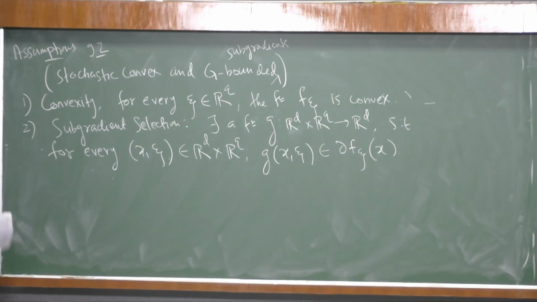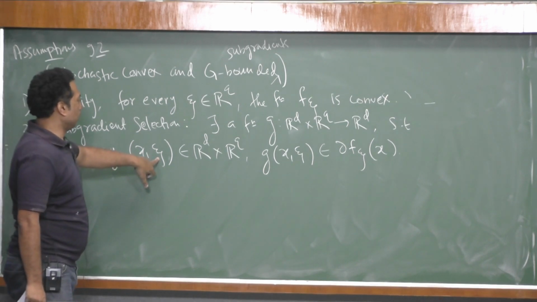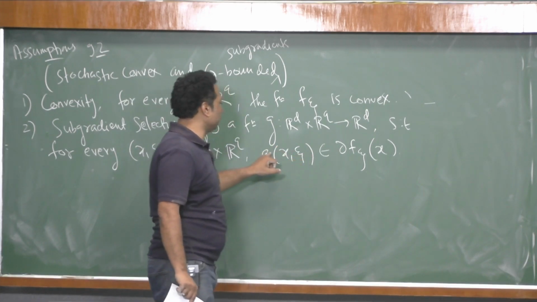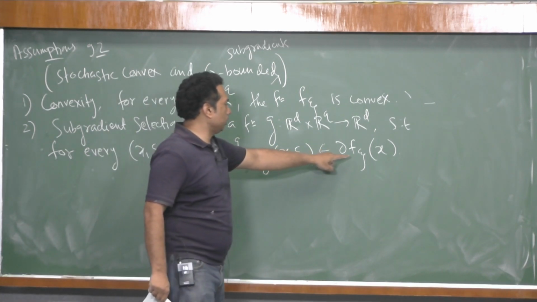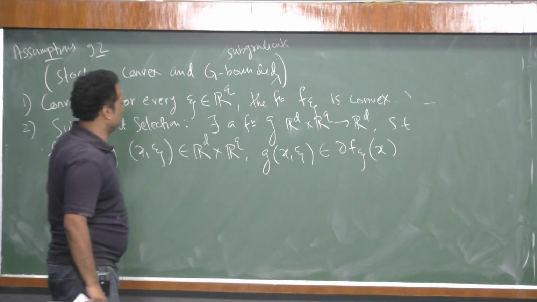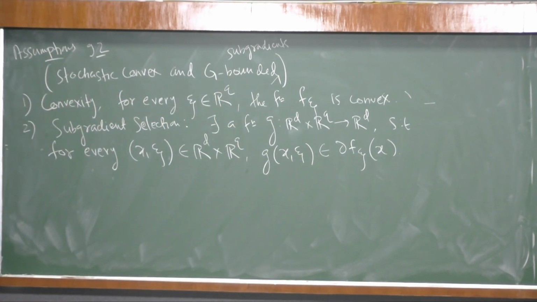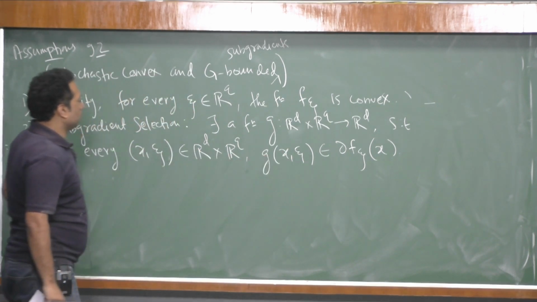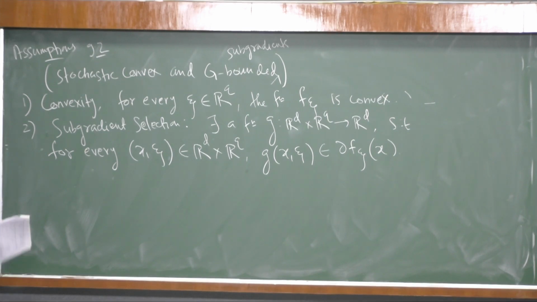So what this says is that for every pair x and xi, there is a subgradient which is in the subdifferential of f_xi at x. Essentially it's saying that for every choice of x, every point in the domain, and for every choice of the stochastic parameter xi, I will be able to compute some subgradient. So that's subgradient selection, and then the third one is bounded subgradients.